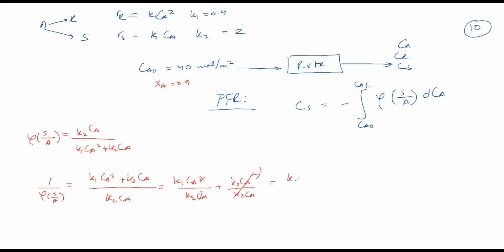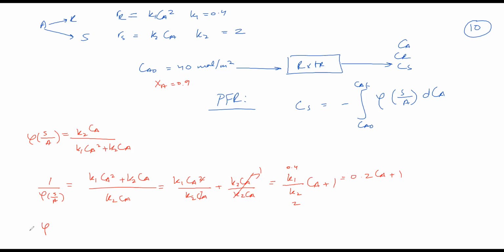So this will be K1 over K2 Ca plus 1. K1 is 0.4. I'm given K2 is 2. So 0.4 divided by 2 is 0.2. So this is equal to 0.2 Ca plus 1.